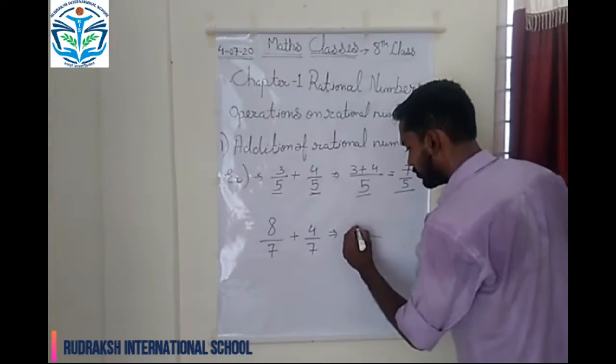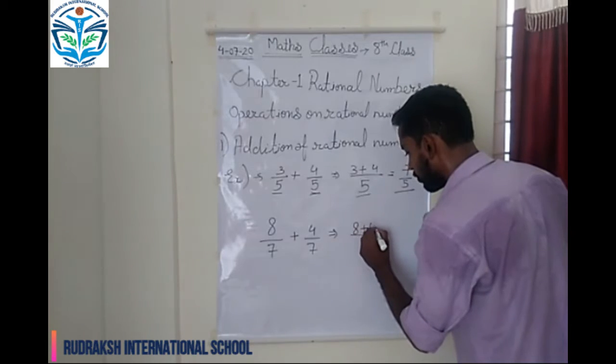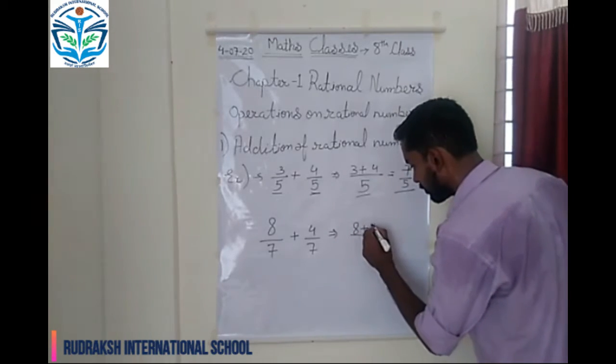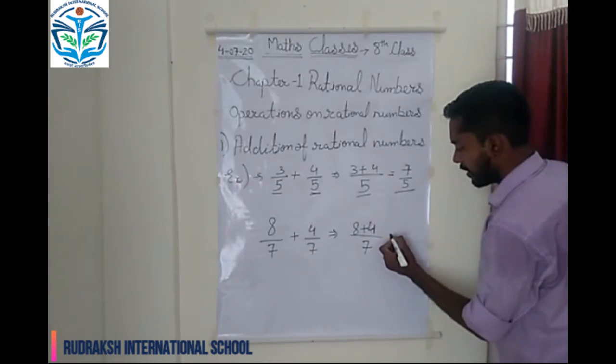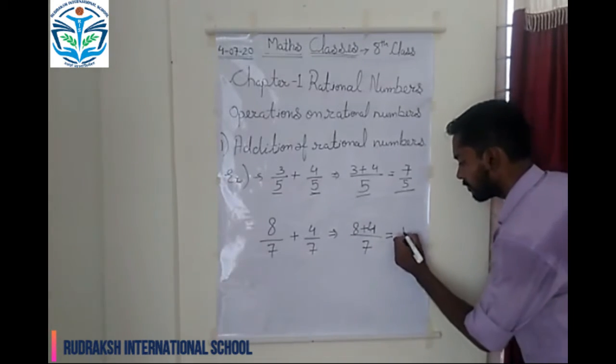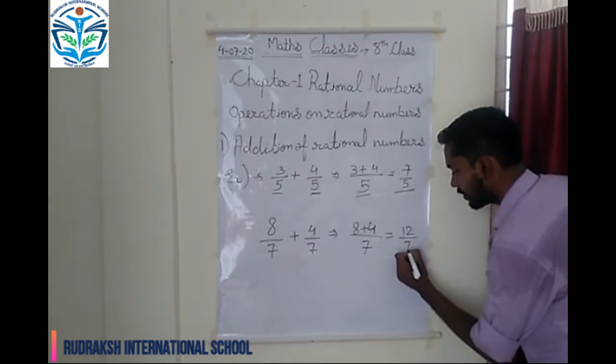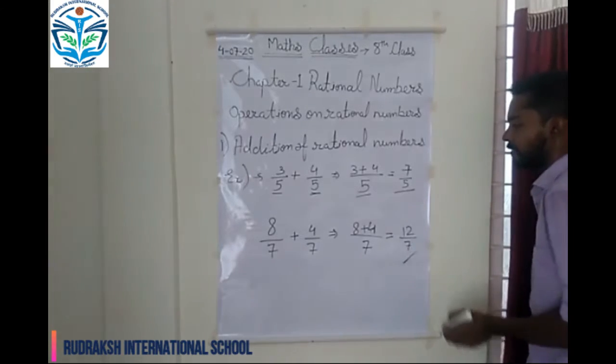And the numerator is 8 plus 4, so you have to add the numerators. 8 plus 4 is 12 and 7, so 12/7 will be your answer.